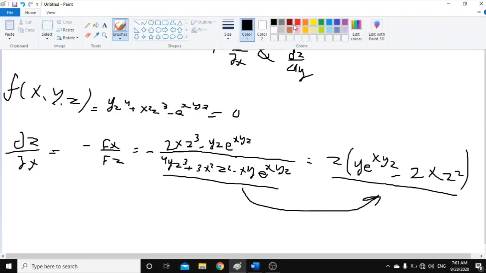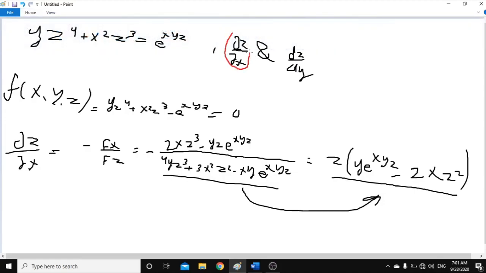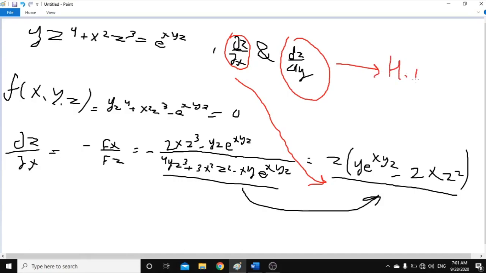This is the answer for dz over dx. You can try to solve dz over dy as homework or as an exercise for yourself, and see what answer comes out.